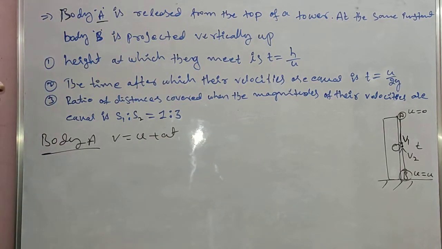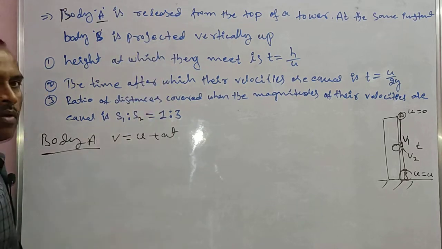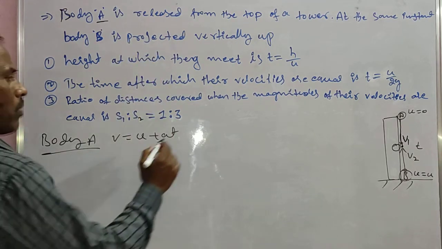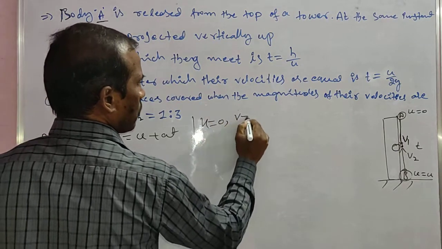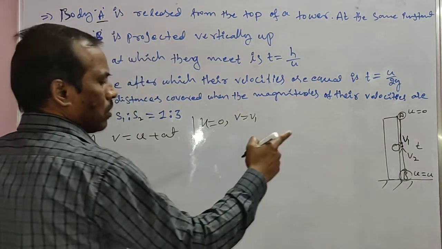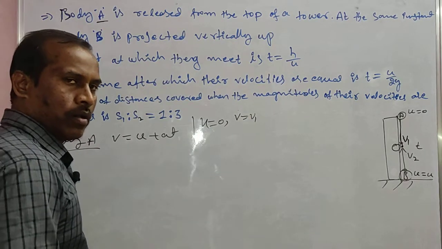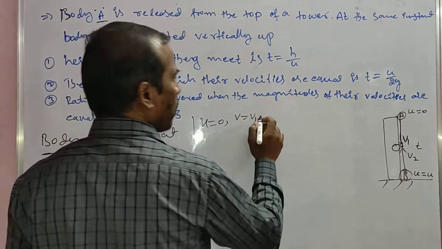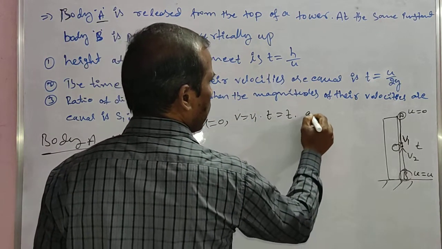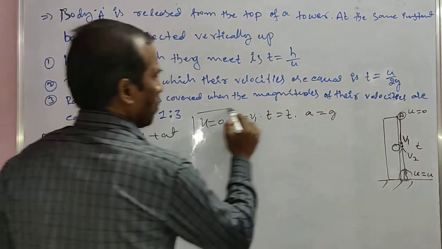In this case the body is moving downwards, so u is equal to 0, and the velocity on reaching point O is v equal to v1. Time is t, and a is equal to g.